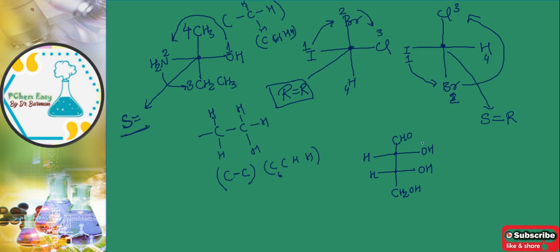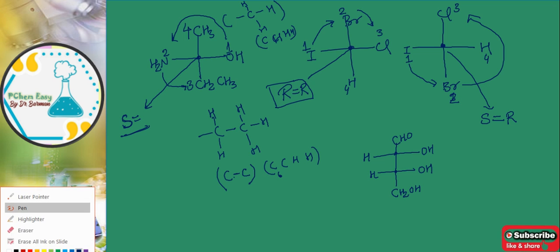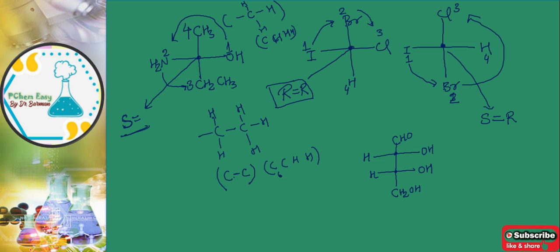The oxygen having atomic number 8, we will give it priority. So this oxygen will get priority 1. It is having the hydrogen that will get 4. These two are carbon, this carbon and this carbon.